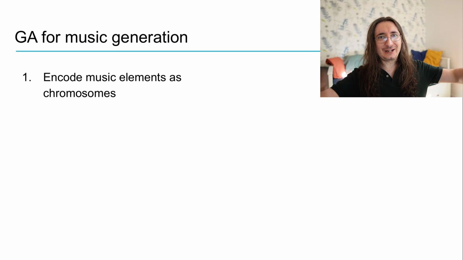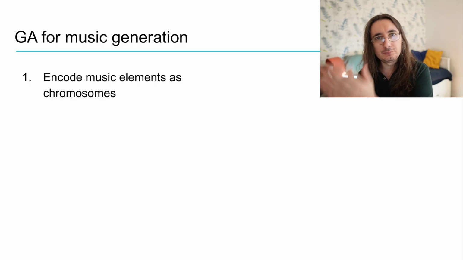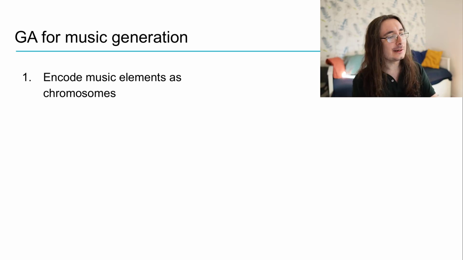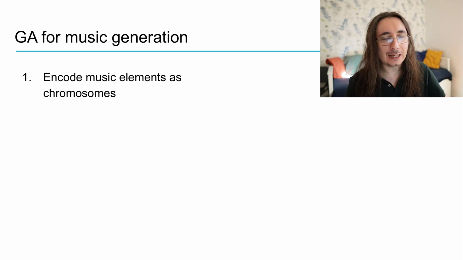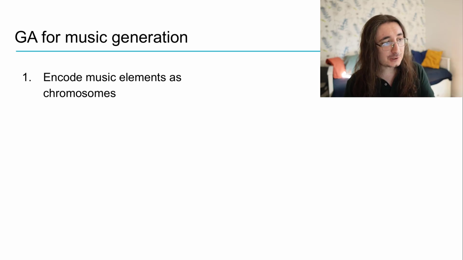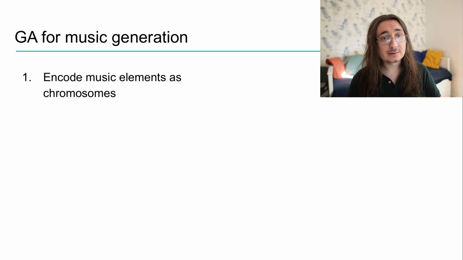Now, let's take all of these abstract ideas and concepts about genetic algorithms and use them for music generation. Here I'm going to give you a 3-step guide on how to use genetic algorithms for generating music. First of all, you have to encode musical elements as chromosomes. What are these musical elements?